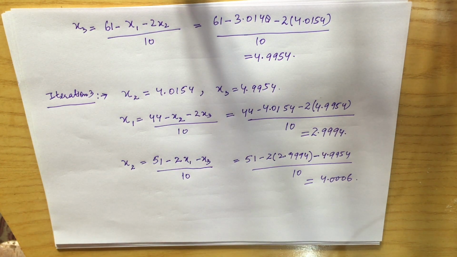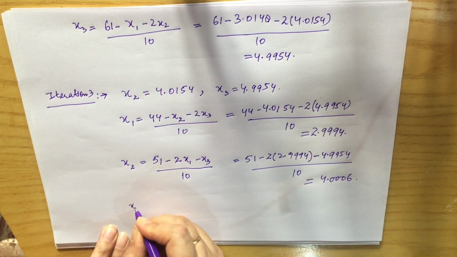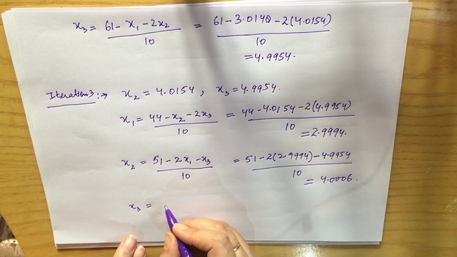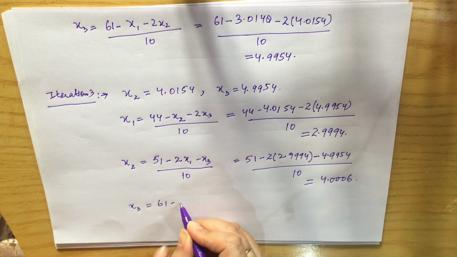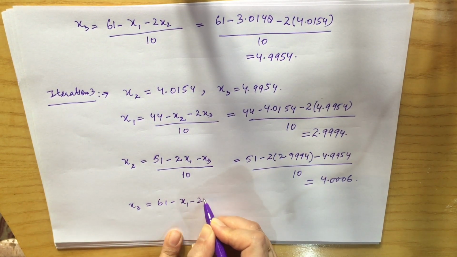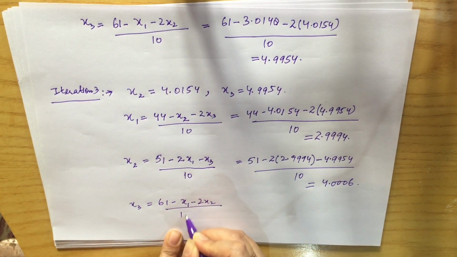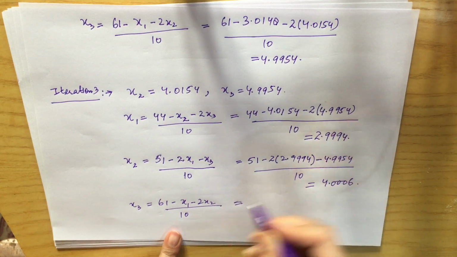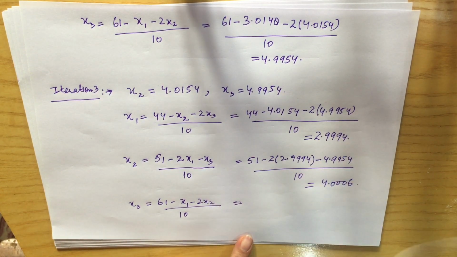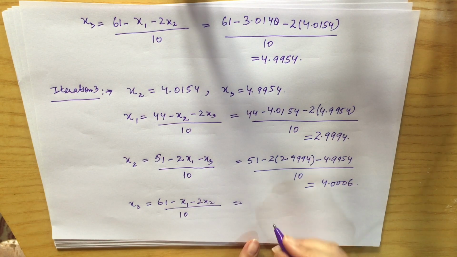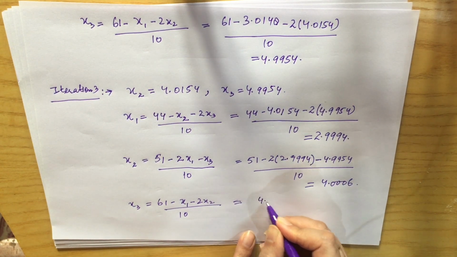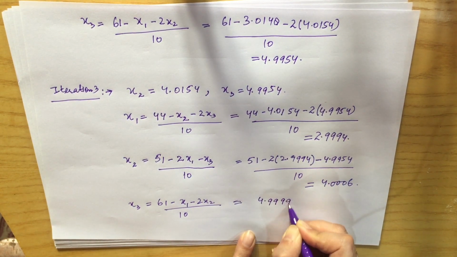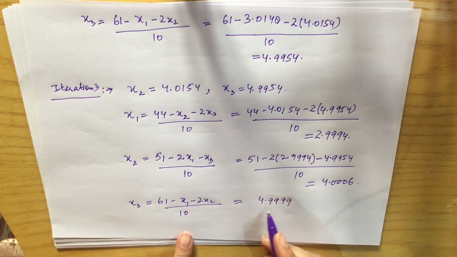Now we have to calculate it for x3. The equation is (61 minus x1 minus 2x2) whole divided by 10. When you put the new values in it, you will get the answer as 4.9999.